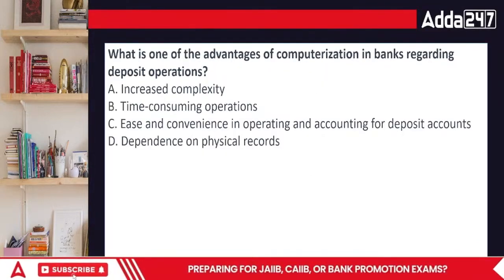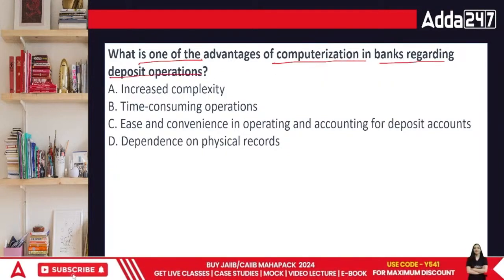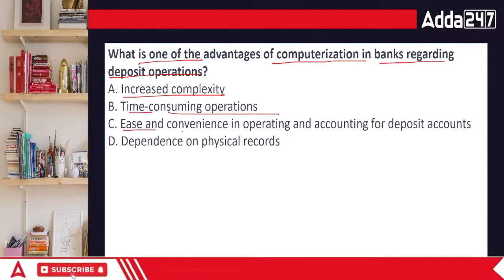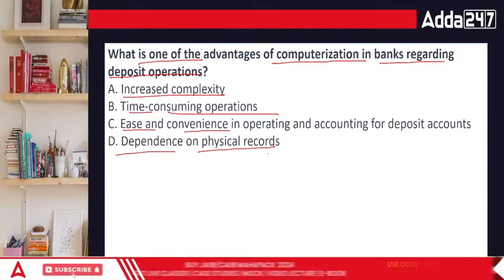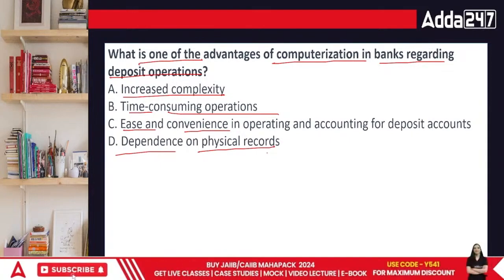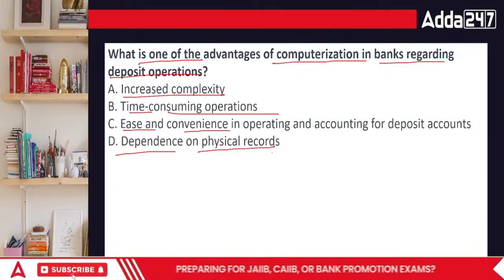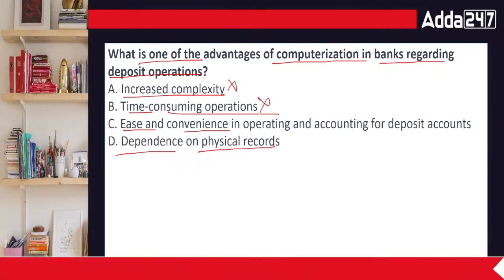Then what is one advantage of computerization of banks regarding deposit operations? Increased complexity, time consuming operations, ease and convenience, or dependence on physical records. Which is the advantage of computerization? Computerization has major advantages. The complexity has not increased in the working, though it is complex on the part of the software. Time consuming operations were there earlier.